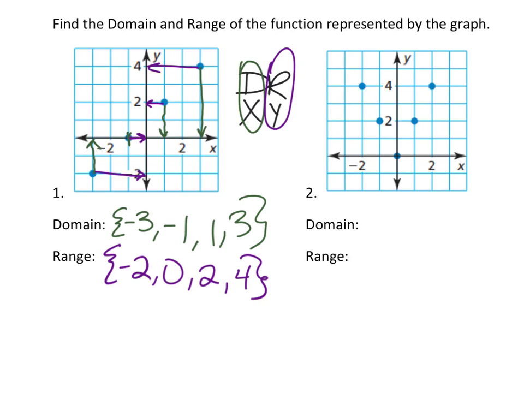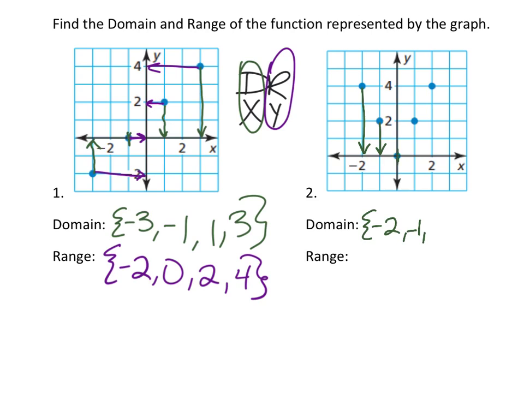But now that you've had some time to think, let's check in, see how we're doing. If we're asked for the domain, Dr. XY tells me those are the x's. So I start with any of the points, but probably want to start with the one furthest to the left because that's going to be your smallest x value. The first number in my domain is going to be -2. Then the next point would be -1.